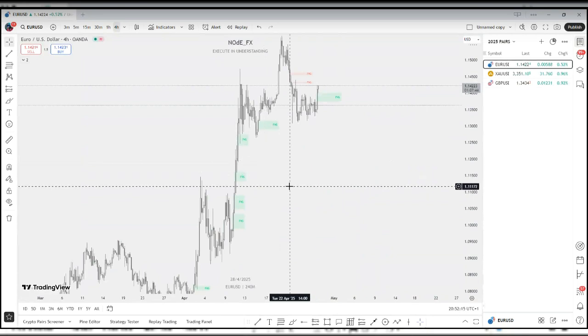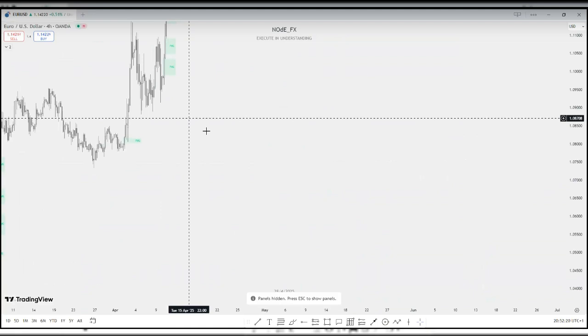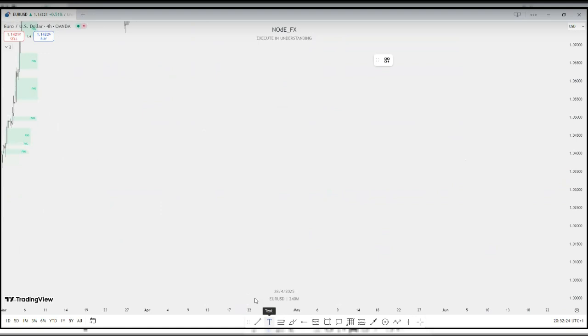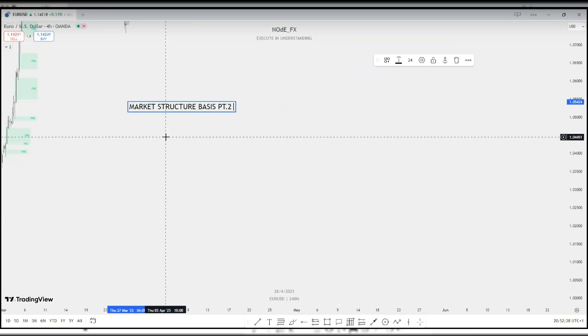Welcome to part two. We're going straight into part two of the market structure basics. In part two, we are mainly going to be talking about support and resistance.